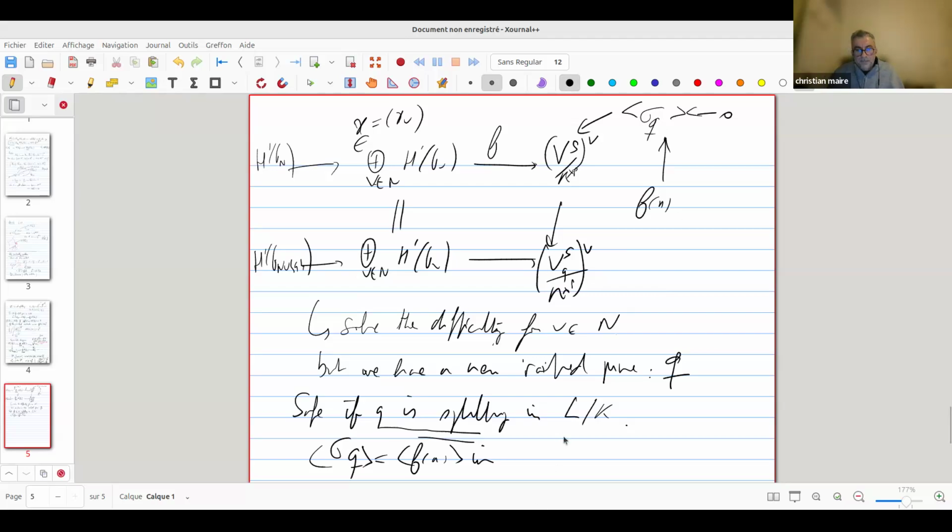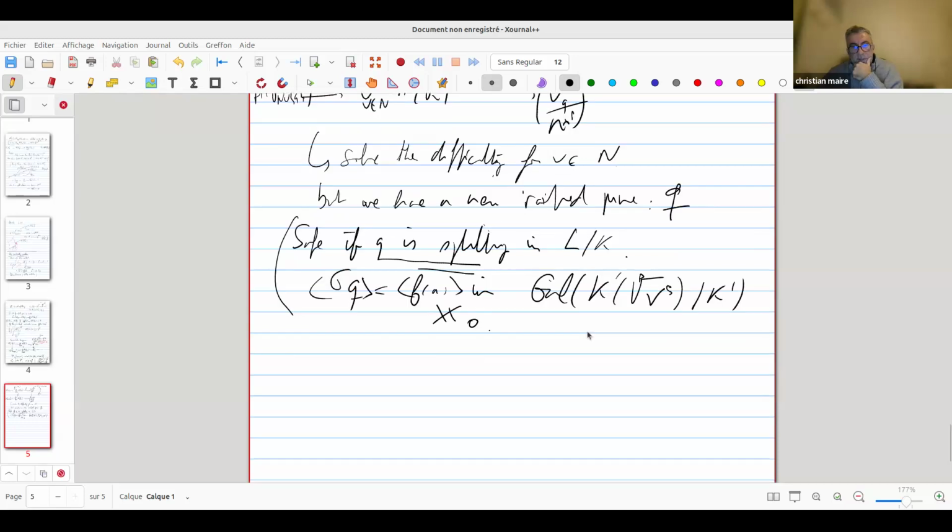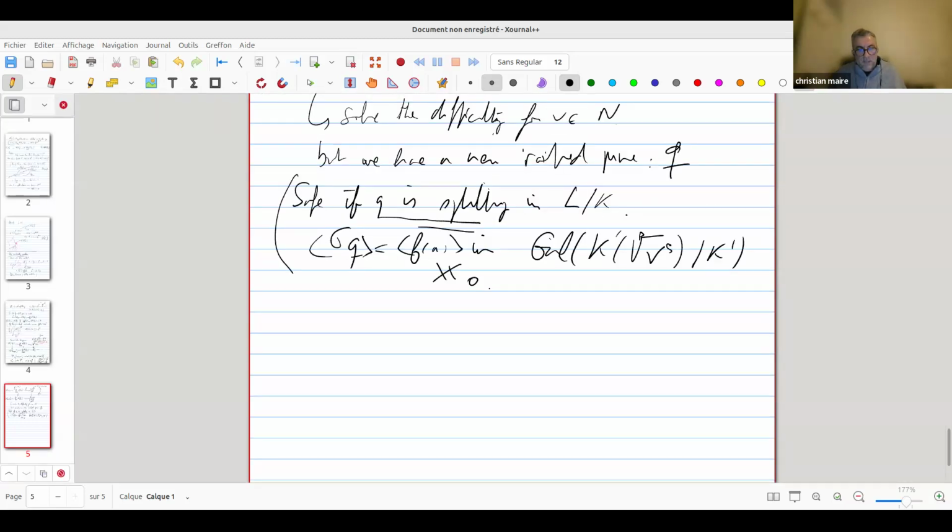Which is K prime, P-th root of V, it was my Vs like this, over K prime, which is a priori not zero. So you have two conditions that can be opposite. You want the Frobenius to be trivial here and not trivial here. This is why we say that we can have some difficulty if we have this situation.